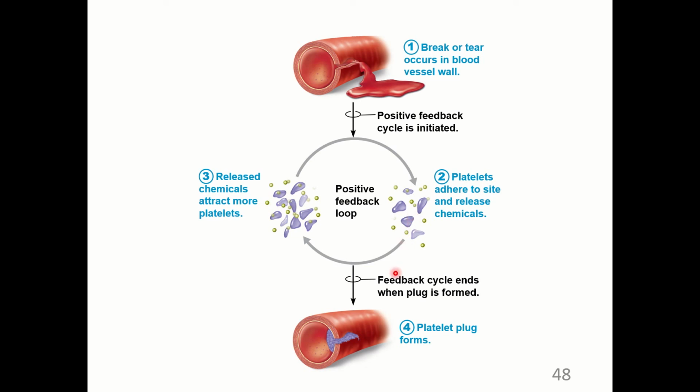These chemicals will then attract more platelets, which will adhere to the blood vessel and release more chemicals, which will attract more platelets, and we loop and loop until we form our platelet plug or our clot.